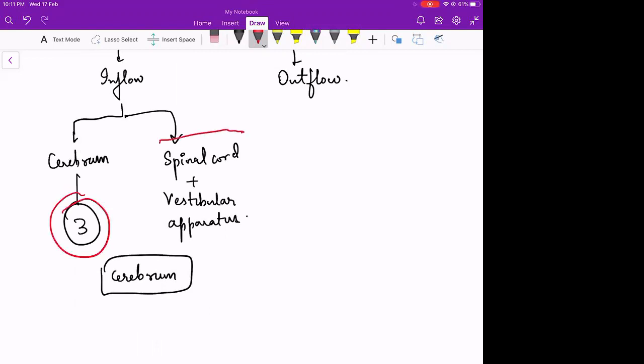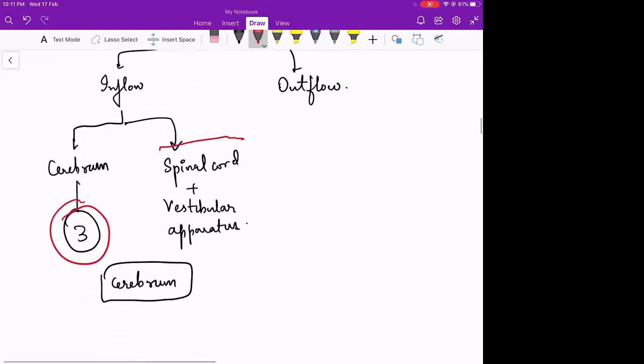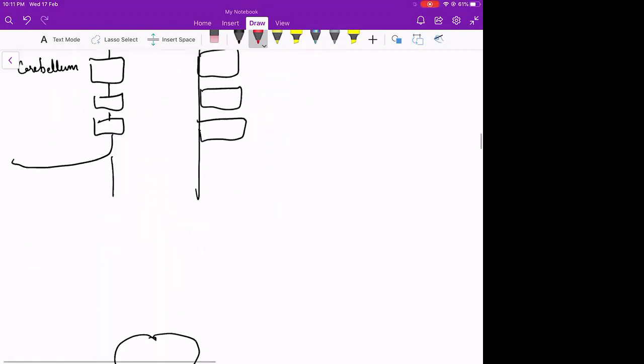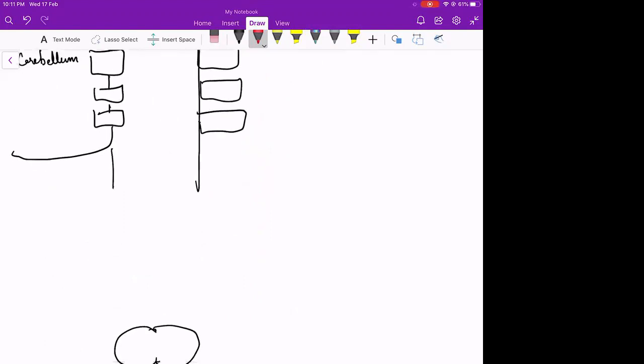Coming to the inflow tracts to the cerebellum from the spinal cord, there are a total of 4 tracts. One, as we discussed, is the anterior and posterior spinocerebellar tract.